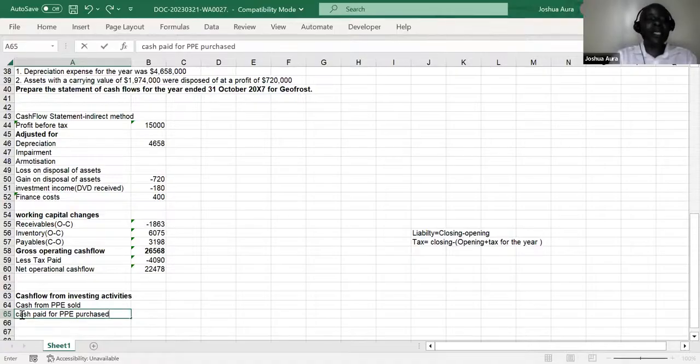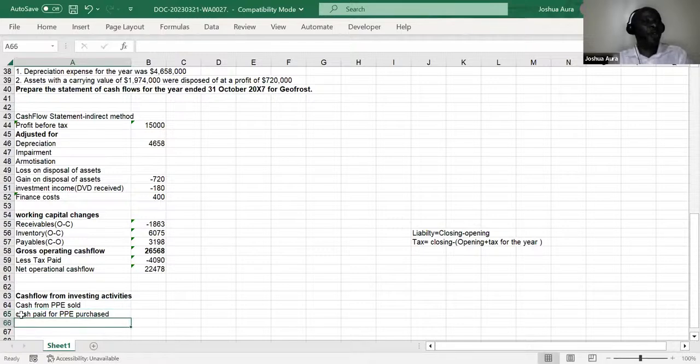And then the other investing, remember, we have bought, for example, shares in a particular company, like shares of Safaricom. Then we'll be able to talk of investment income or dividends received, not paid, but received. So dividends received is the same as investment income.